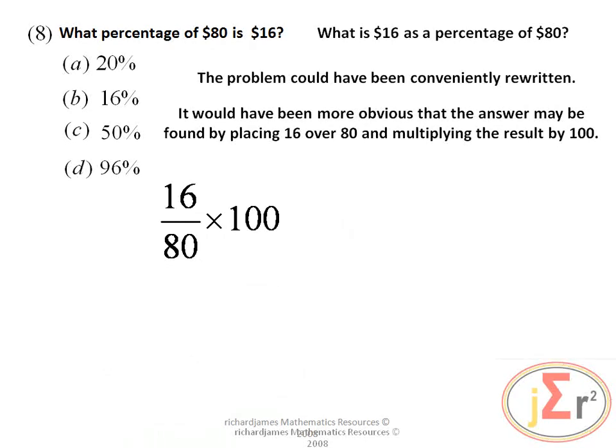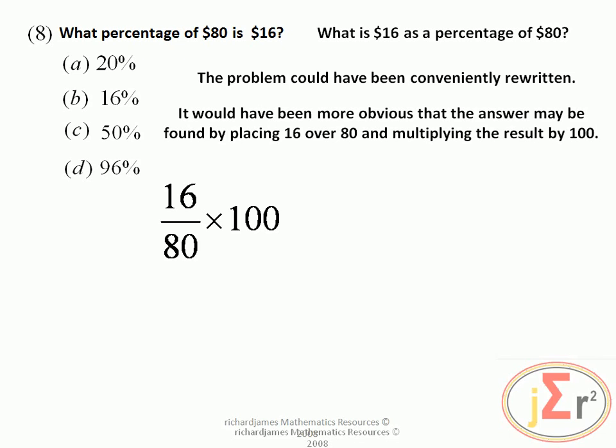So, we have 16 over 80, and that we will multiply by 100. Why, Jerry? Why do we multiply by 100? Okay, we multiply by 100 because a percentage is a figure out of 100.